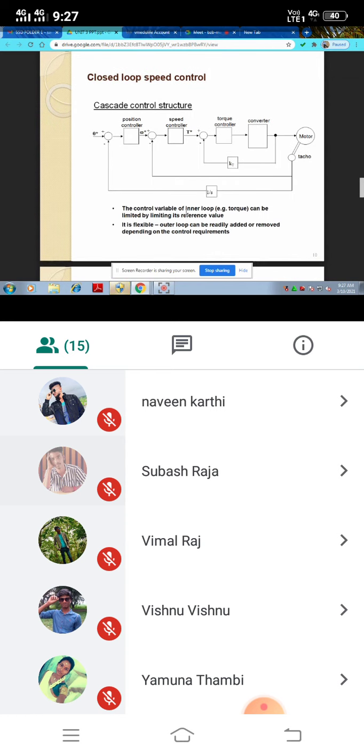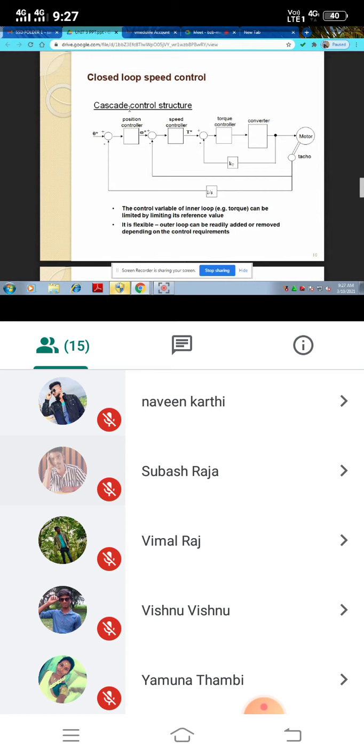Okay, is the title of this explanation clear? If it is clear, I will go to the next. Students, kindly understand what I'm saying.